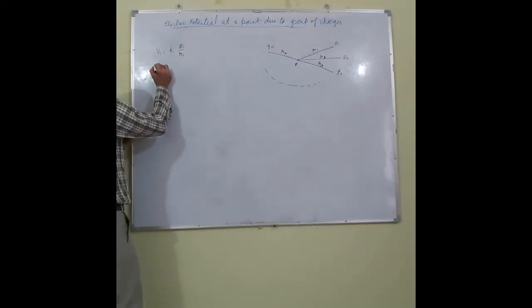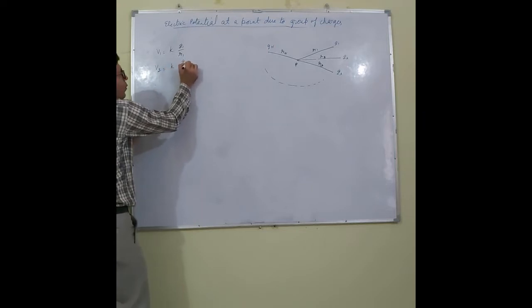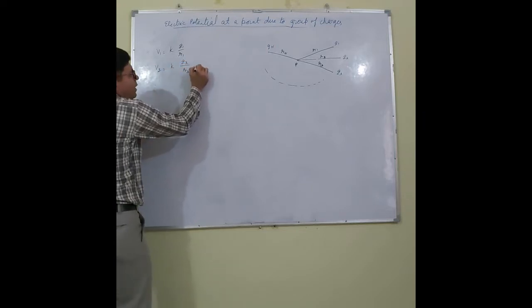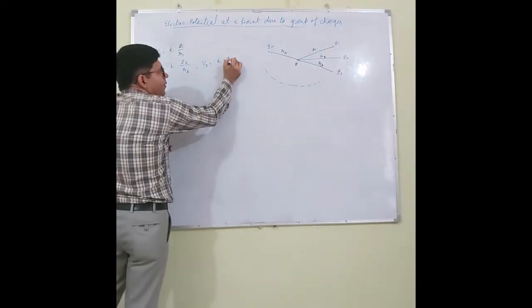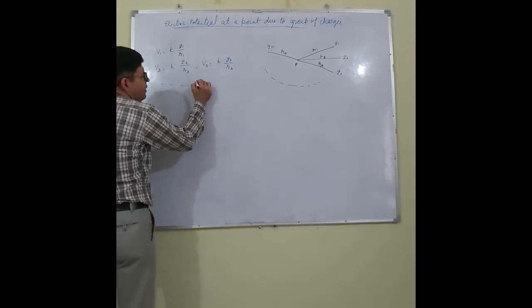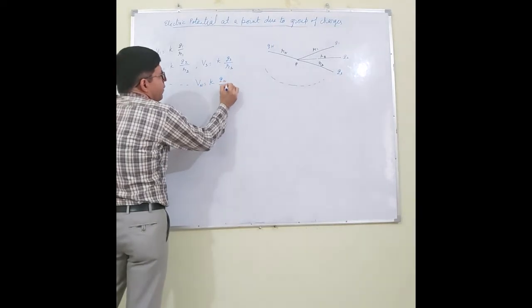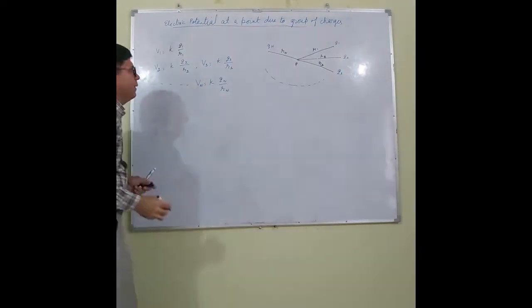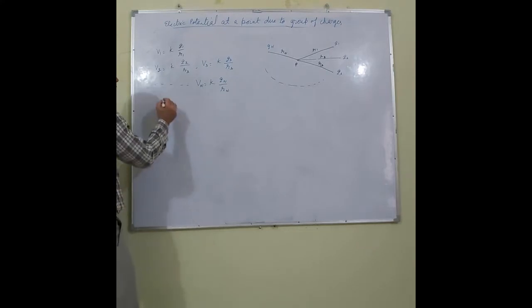Now, the electric potential due to Q2 charge is K Q2 by R2. The electric potential due to Q3 charge is K Q3 by R3. And the electric potential due to Qn charge is K Qn by Rn. Right? Now, what is the total electric potential?